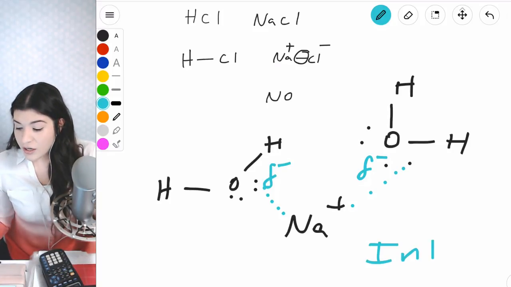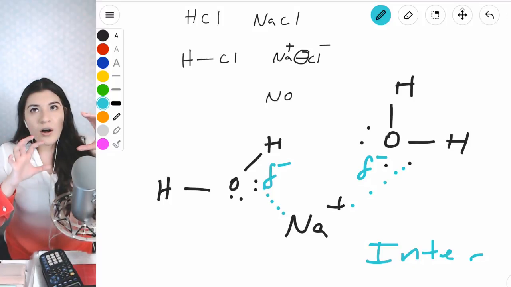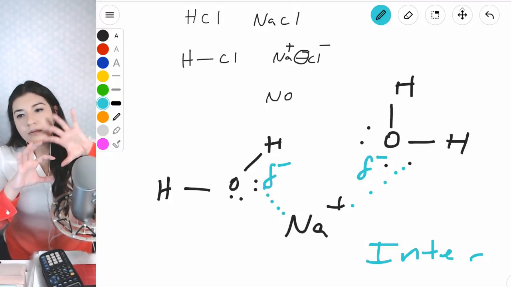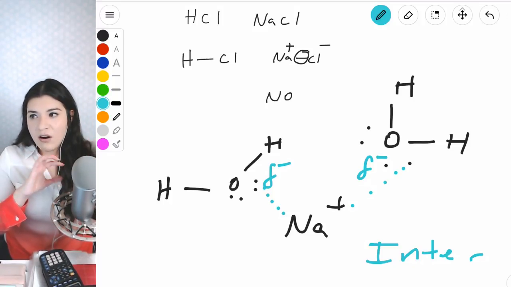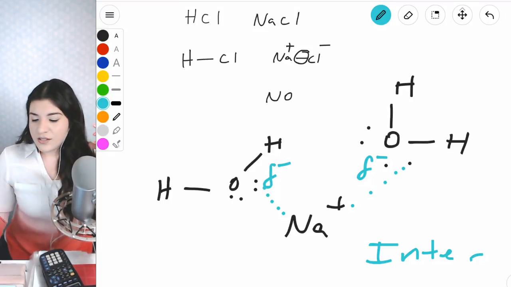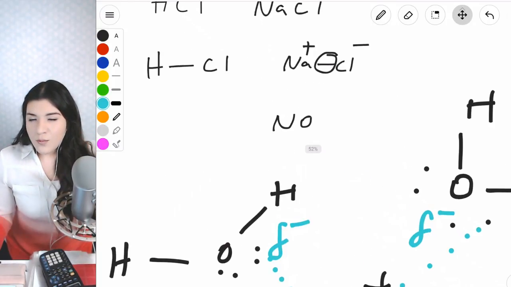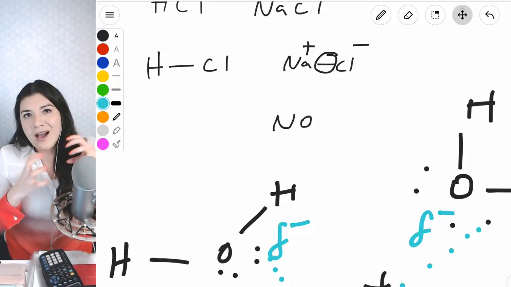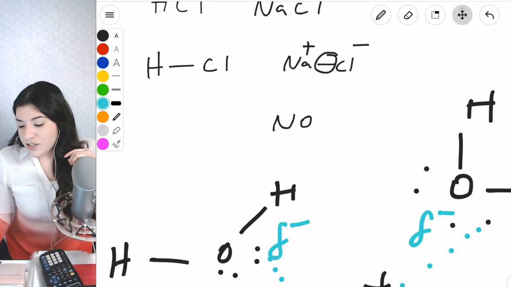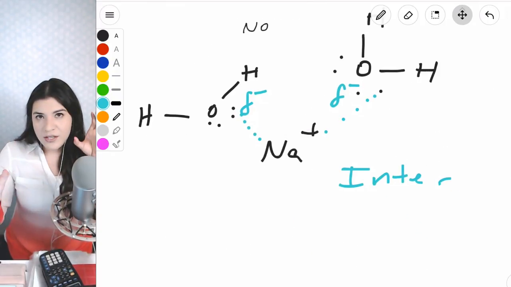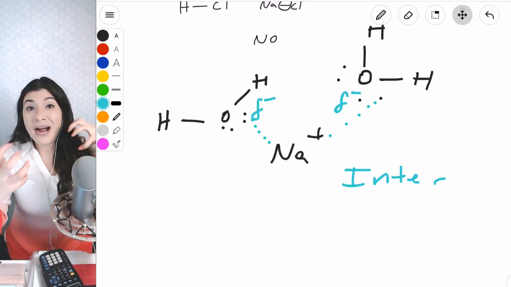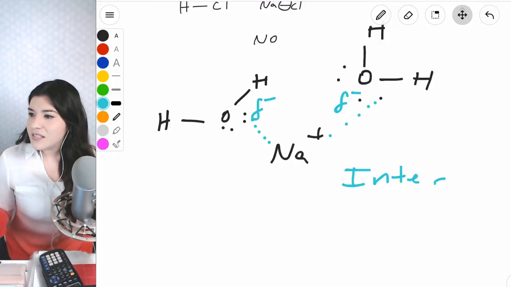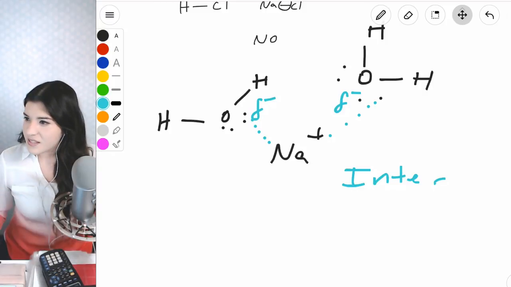This is inter because it's something else bonding. It's another compound bonding or being attracted to a different compound. I hope that makes more sense. So intra is really just within the compound, the bond within that compound itself, while inter is two different ones reacting or combining together. That's the main difference. And let's see what else I got.